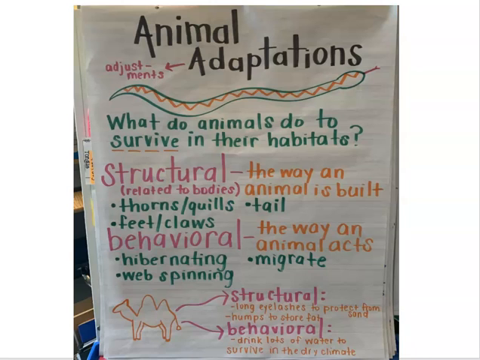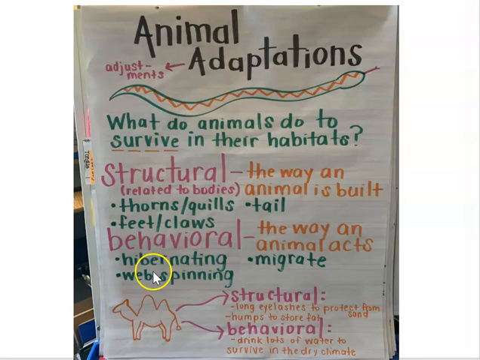Animal adaptations. What do animals do to survive in their habitats? So we have structural and behavioral. So structural, the way an animal is built. So it's related to their bodies. So we have thorns, quills, feet, claws, tails. And behavioral is the way an animal acts.